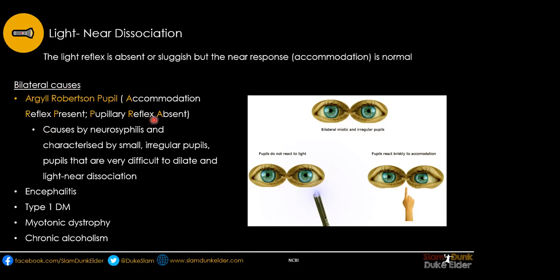But it's generally caused by neurosyphilis, and you'll find that the patient has very small, irregular pupils, and these pupils will be very, very hard to dilate, or they won't react at all, but they will react very quickly to accommodation. Yeah, and we've got other causes like encephalitis, type 1 diabetes, myotonic dystrophy.